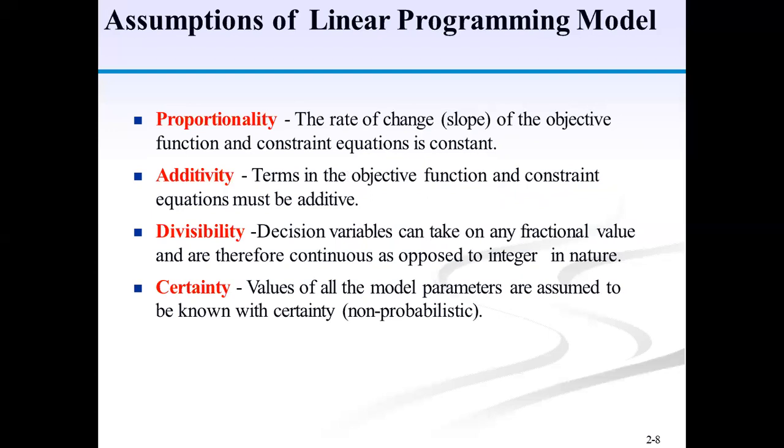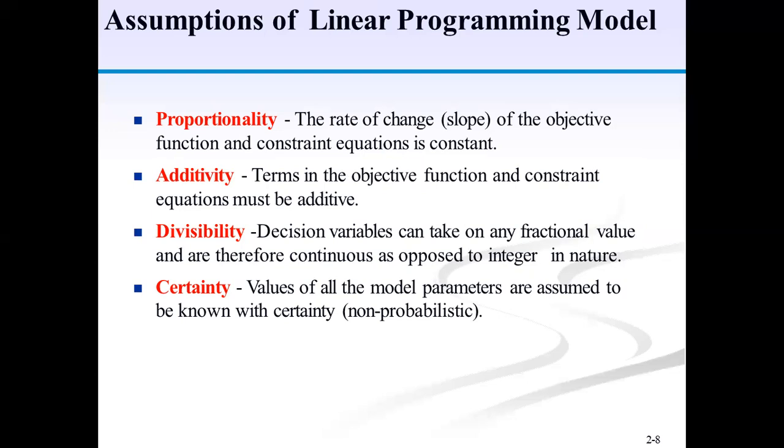Now come to the assumptions of the linear programming model. First is proportionality: the rate of change of the objective function and constraint equations is constant. Additivity: terms in the objective function and constraint equations must be additive.